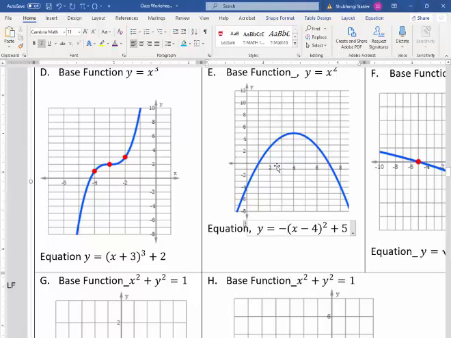Oh, actually, does it? Let me try 1. So 1 minus 4 is negative 3, squared is 9, negative 9 plus 5 doesn't quite give you the 0. See how at 1 and 7 you have zeros?